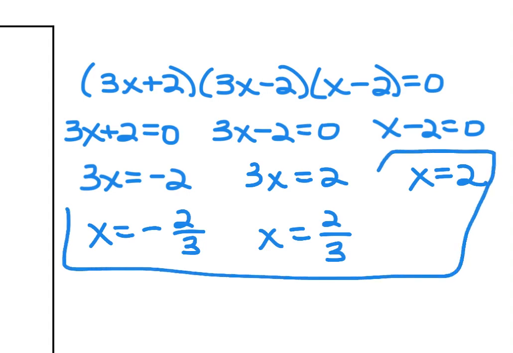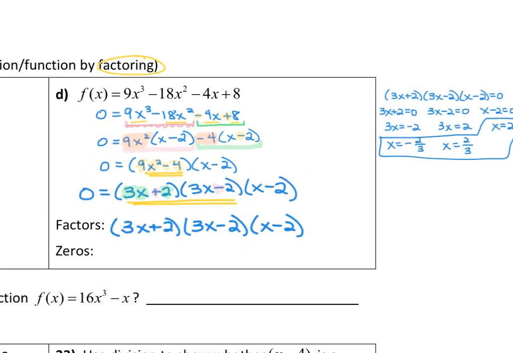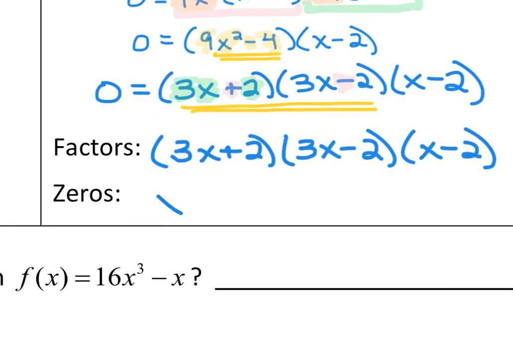And so your 3 zeros are positive and negative 2/3, and x equals 2. And again, make sure that you see that because the original equation is a third degree equation, you're going to have three solutions: negative 2/3, positive 2/3, and positive 2. And let me write those down here.